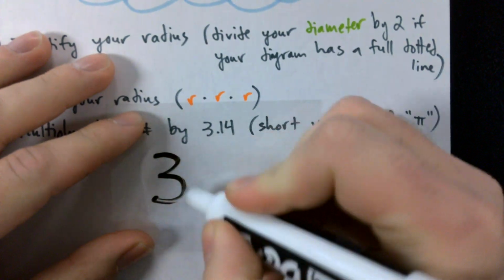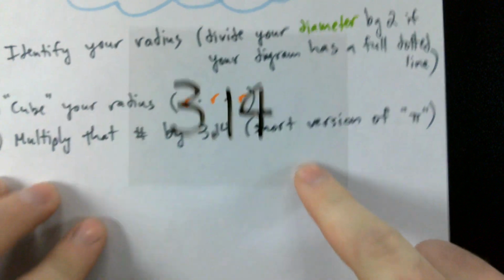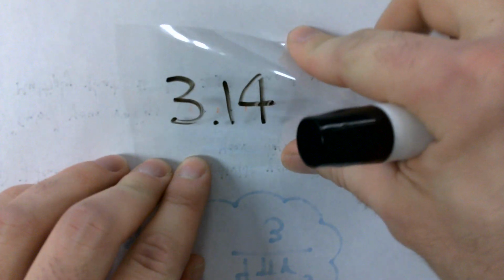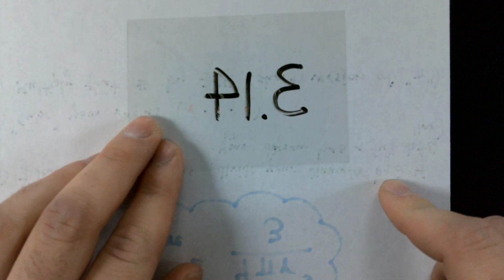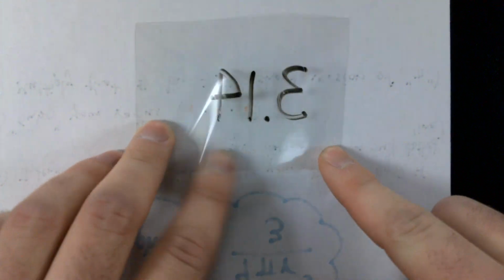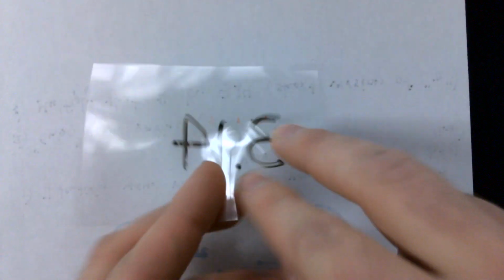So 3.14, right? There it is. 3.14. If you flip it around, what does it spell? It spells pie, right? P-I-E, pi. So 3.14, when we flip it around, it spells pi. So if you ever forget, that's one way to remember it.